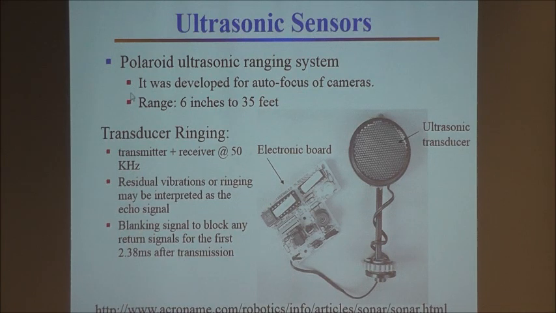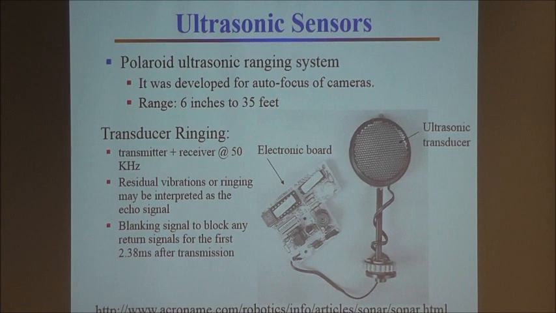So, again, ultrasonic sensors. In the older days, Polaroid needed to have an ultrasonic ranging system for the autofocus of their camera. You know, Polaroid is a pioneer company in this country for ready-to-use pictures.